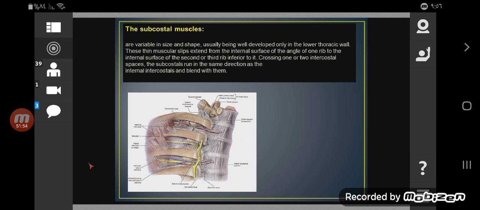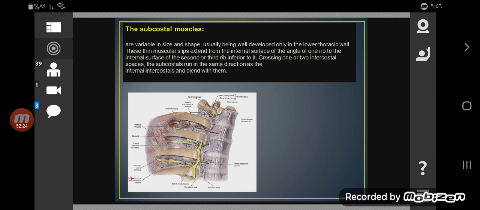Costal vessels and the posterior, hidden by the innermost intercostal muscle. Okay, this is the origin of the nerve and the vessels. It will follow the track of the bundle. The bundle at the roof of the intercostal space is hidden by the innermost intercostal muscles.